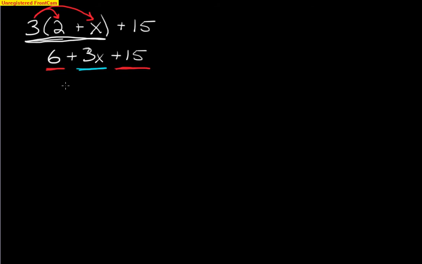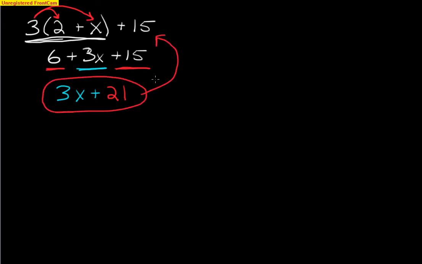So in that case we're just going to leave it by itself, so I can actually just bring the 3x down because I know that that's what it's going to be. So if I switch back to red, though, we do have the 6 and the 15, both of them are positive, so we just add them. So we have 21. Okay, so this is our simplified version of this expression right here.